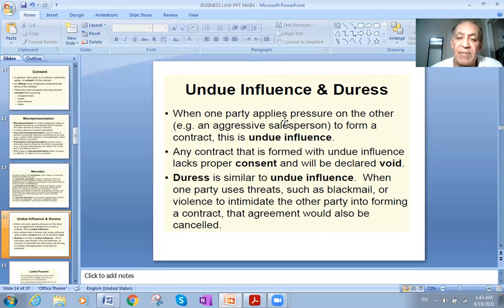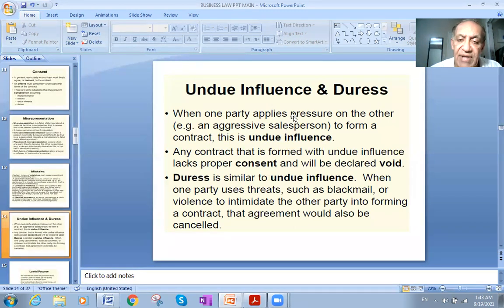When one party applies pressure on the other, as an example an aggressive salesperson, to form a contract, this is undue influence. So you just buy it, it's okay, it's a good one, buy it. It is like I'm putting stress on you to buy it.